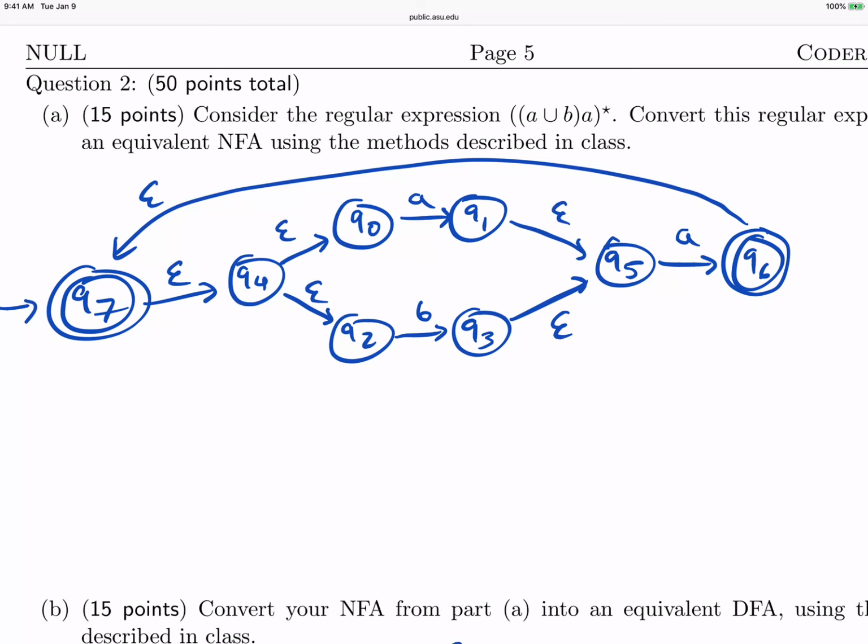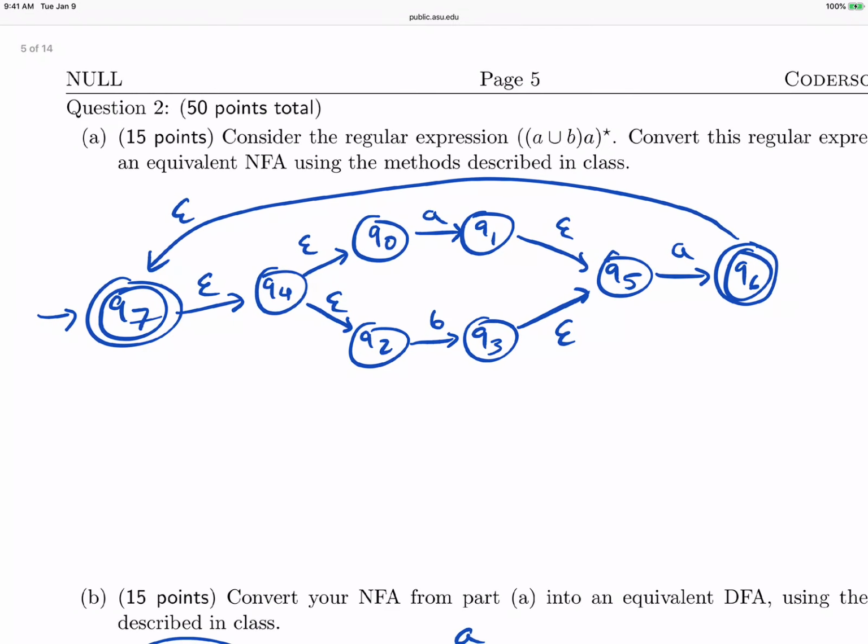Sure. Yeah. So from Q1 for A, we're taking epsilon. Is that going to be all the way to Q0? From where to where? We're taking the epsilon transition for A. Is it going to be Q1 to Q5? That's epsilon. Yep. Then reading A can go... From where to where? Reading A from where?